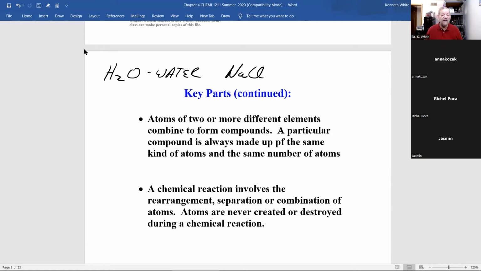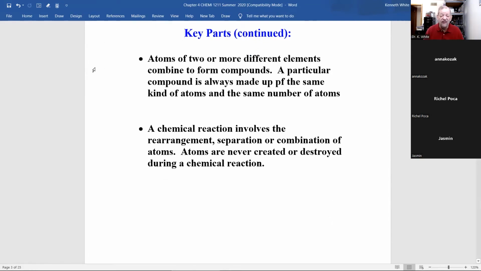And finally, a chemical reaction involves the rearrangement, separation, or combination of atoms. And this is very important. In a chemical reaction, atoms are never created or destroyed. That's called conservation of mass during a chemical reaction.